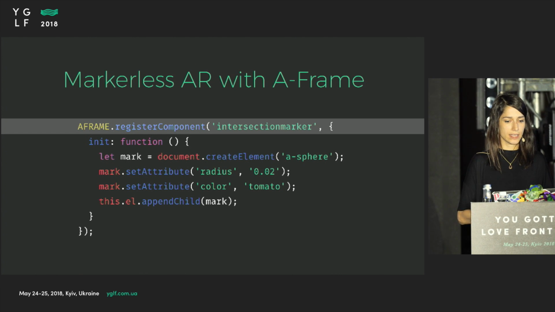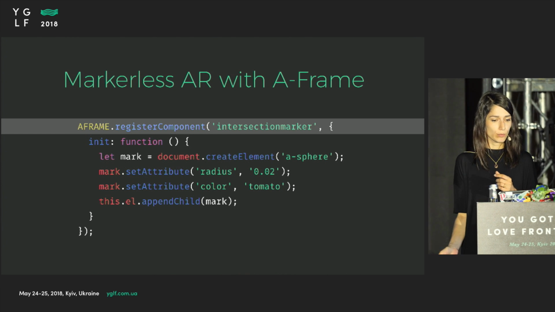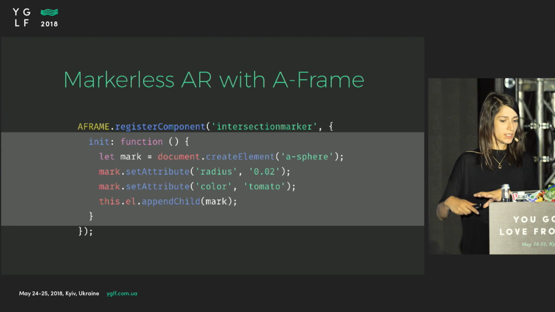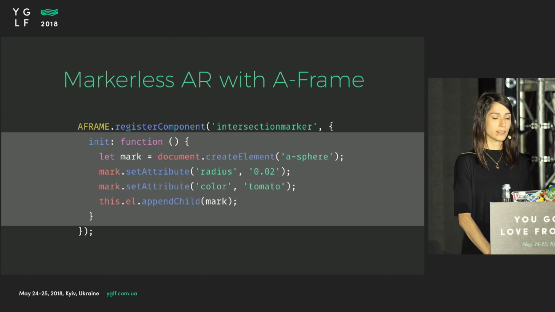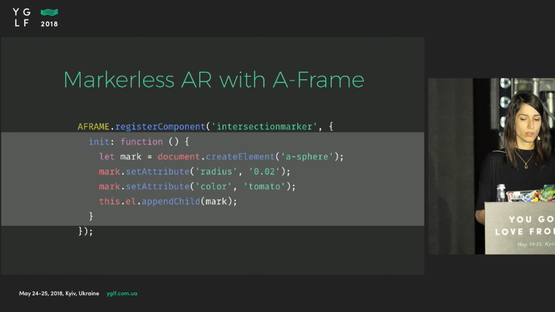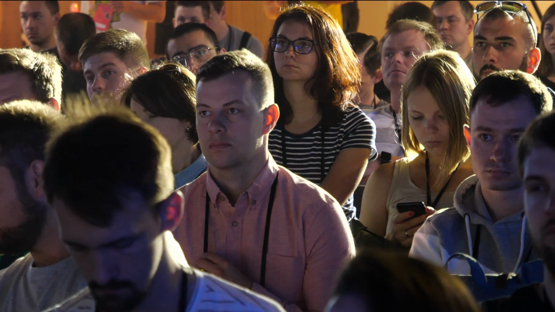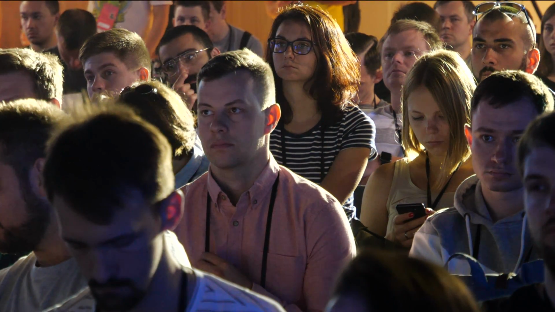And to create a custom A-Frame entity, like the intersection marker, for example, we have to write some JavaScript. A-Frame has a method first to register your own component, and within the init function we can create elements, set attributes, and attach them to the entity, and with this to the 3D scene.